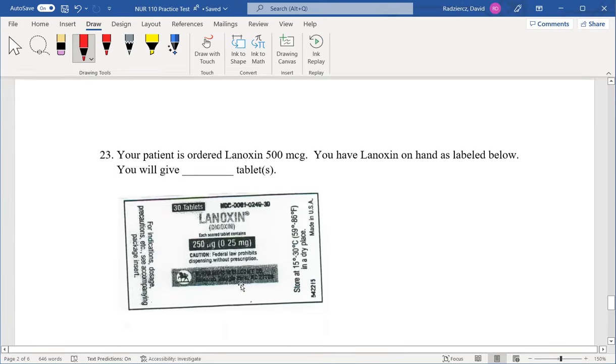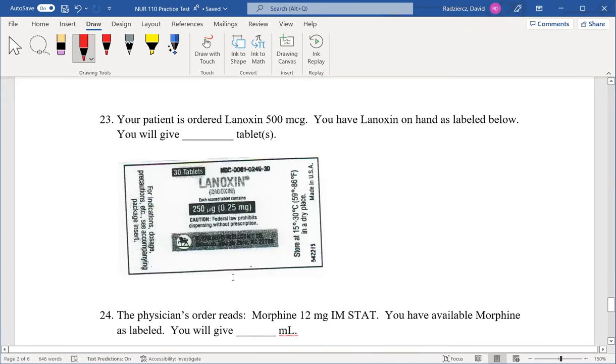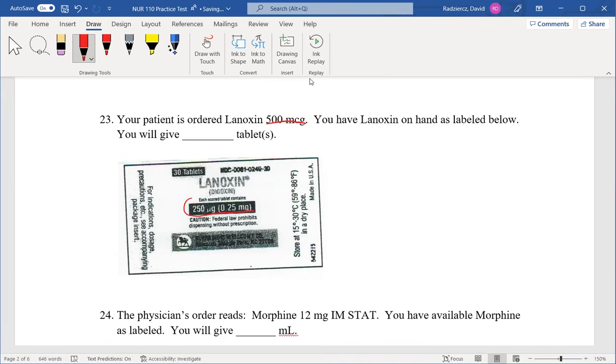All right, a couple more here. Lanoxin, 500 micrograms is what we have as the order. Then you'll see that Lanoxin, which is also known as digoxin, is available in 250 micrograms or 0.25 milligrams. That basically just tells you the same equivalent.